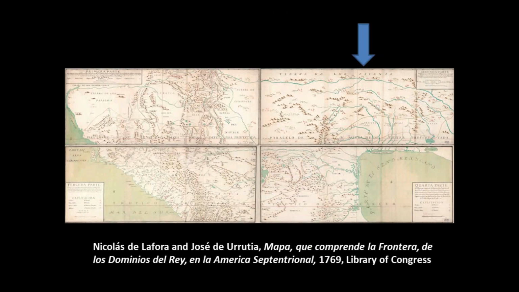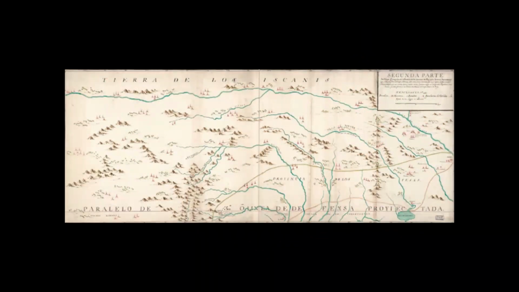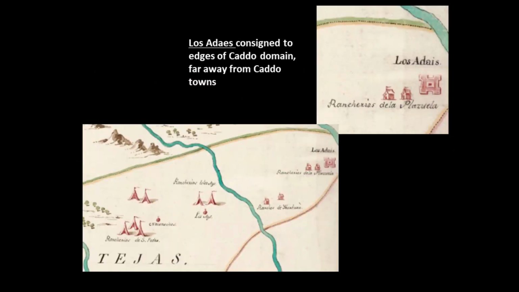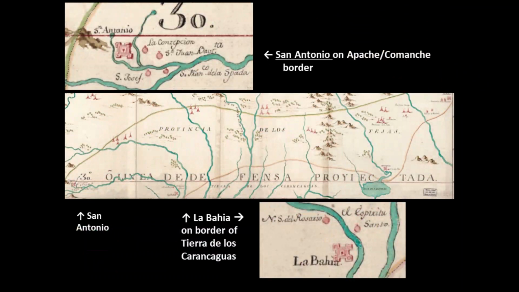And so if we go back to this map here, and we look at that top right map, and we zoom in again, what we see is the teeny little community of Los Adaes on the edge of the Caddo world. We can look at San Antonio sitting on the Apache-Comanche border, and we can look at La Bahia, which sat on the border of the Karankawas.